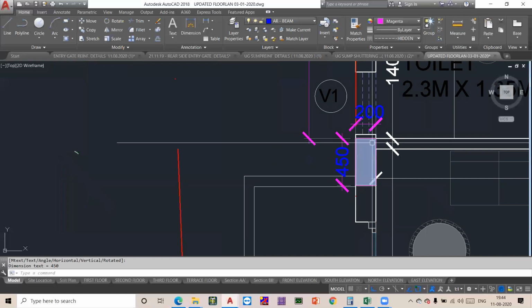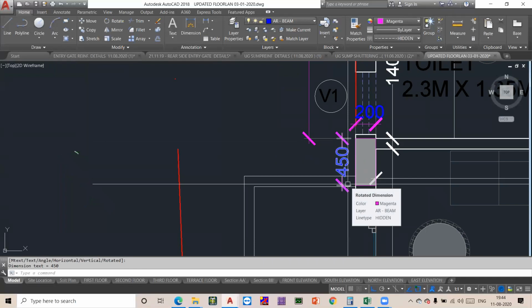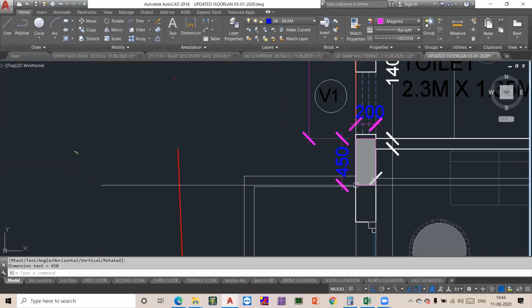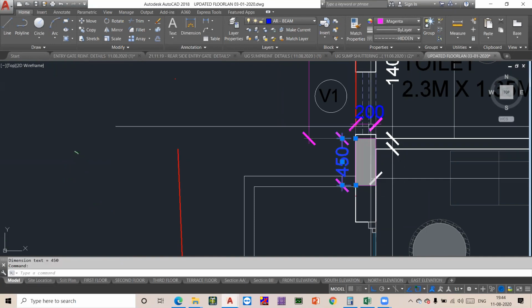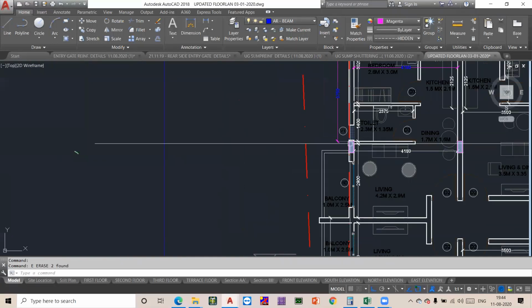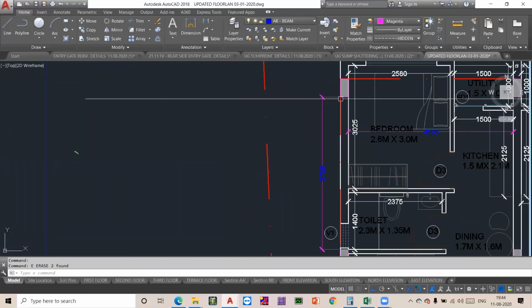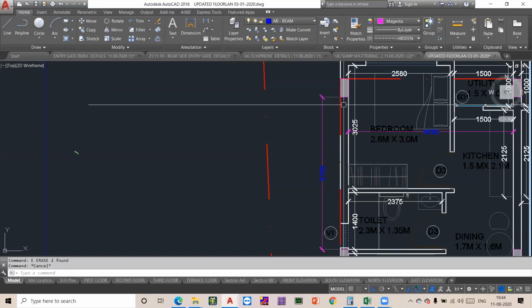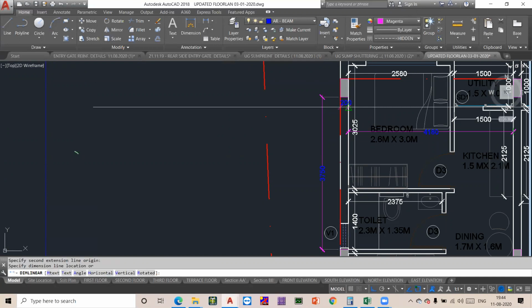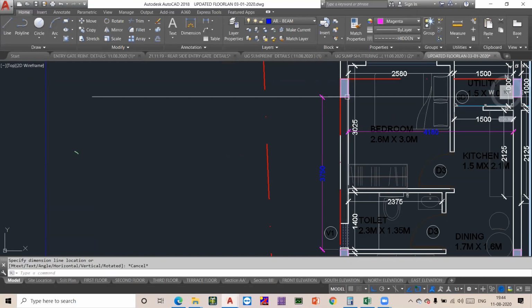The shorter dimension is termed width, the longer dimension is termed depth, and the height of the column is termed length. These are the three terminologies we will use. If you need to increase its dimension, you have only the option to increase its depth, because the wall thickness is already predefined and you cannot increase that width.